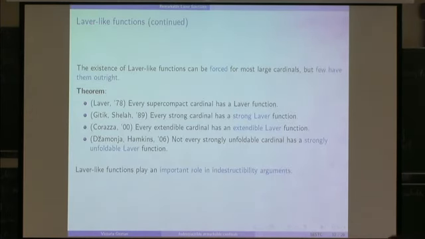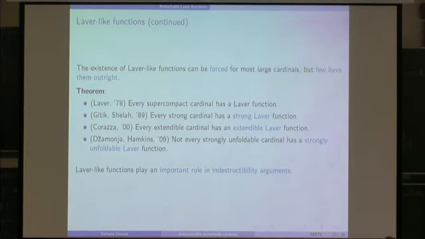So those were just definitions, right? Now I can give you some examples of which cardinals have them. The general story is you can force them for most large cardinals, but very few have them outright. So it's very nice, when you discover a new cardinal, that it has a Laver-like function outright. So of course, Laver showed that every supercompact has a Laver function.